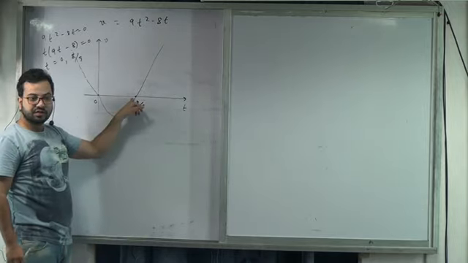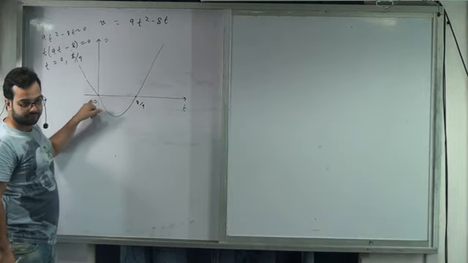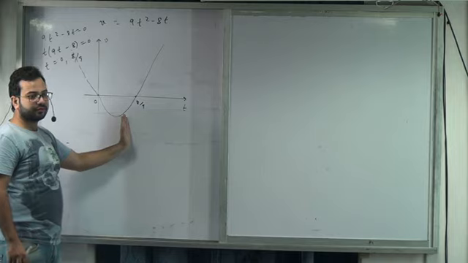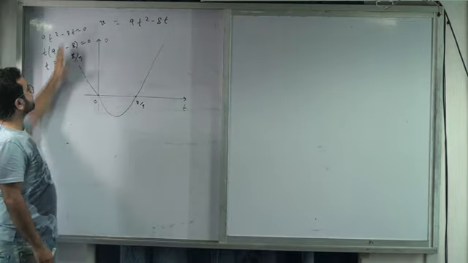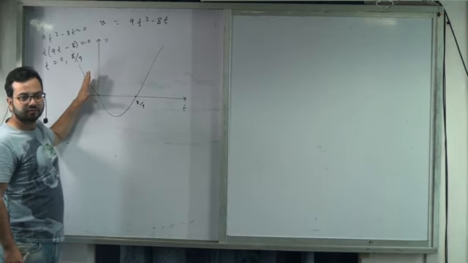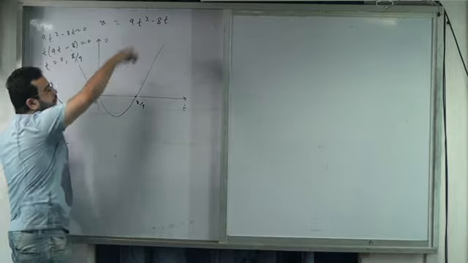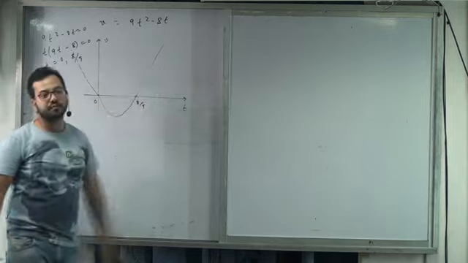So here the velocity is changing. The velocity is also changing here, but we don't take negative time. Okay, so it goes from positive to negative, then from negative to positive. Is that clear? Okay, but t less than 0 is not relevant in this case. Now is it clear when is the velocity negative, when is the velocity positive? So velocity is negative here, velocity is positive here.